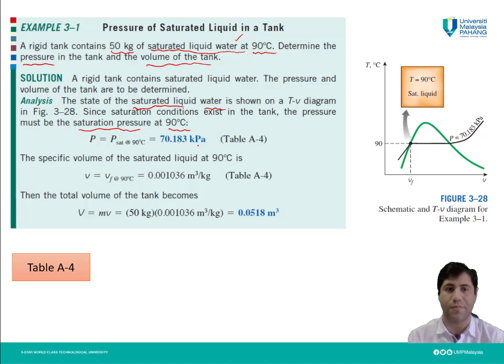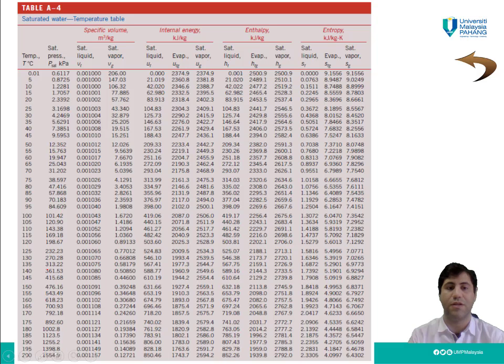Each temperature has a saturation pressure. And how can we find that saturation pressure? By table. If you remember, table A4 was for finding different properties of saturated water by temperature.